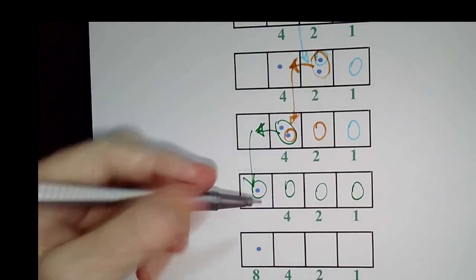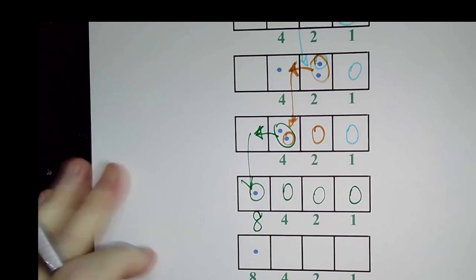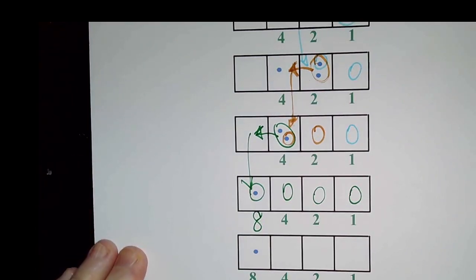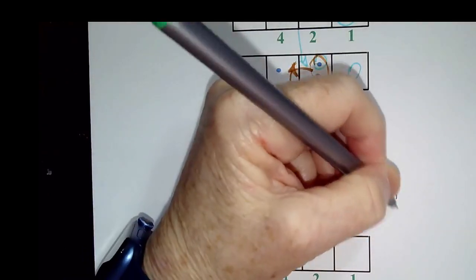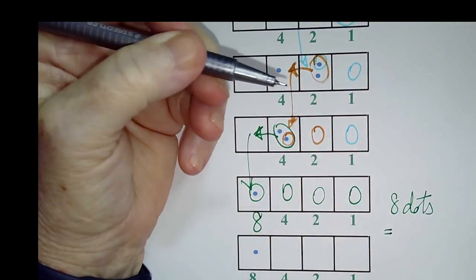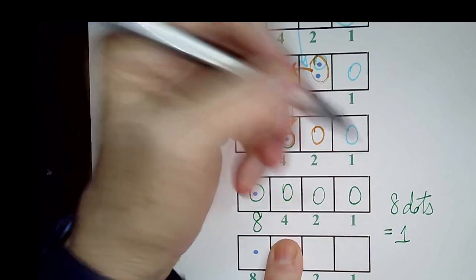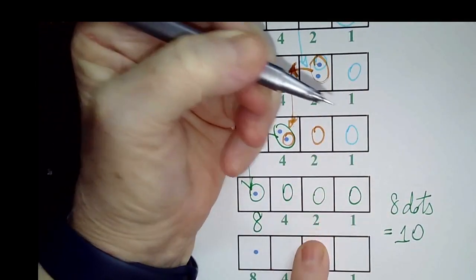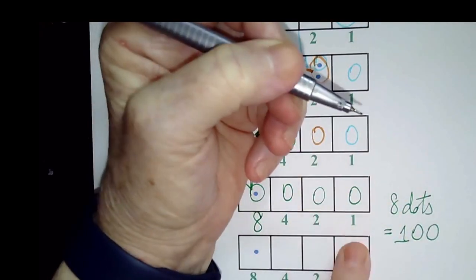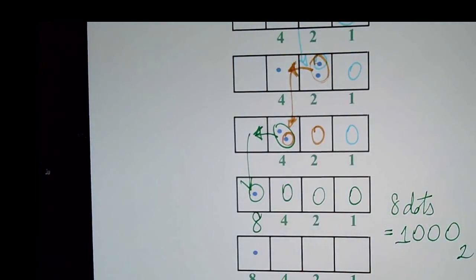So it makes sense to label this new box 8. So that 8 dots is equivalent to 1 dot in the 8's place, 0 dots in the 4's, 0 in the 2's, 0 in the 1's, and base 2.